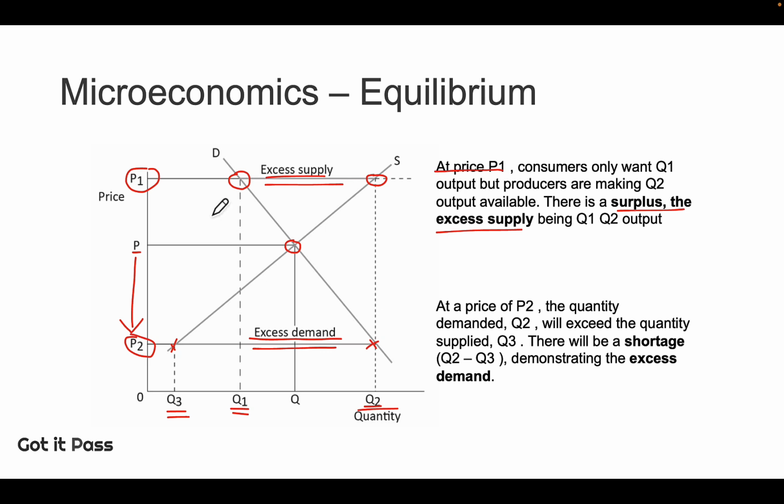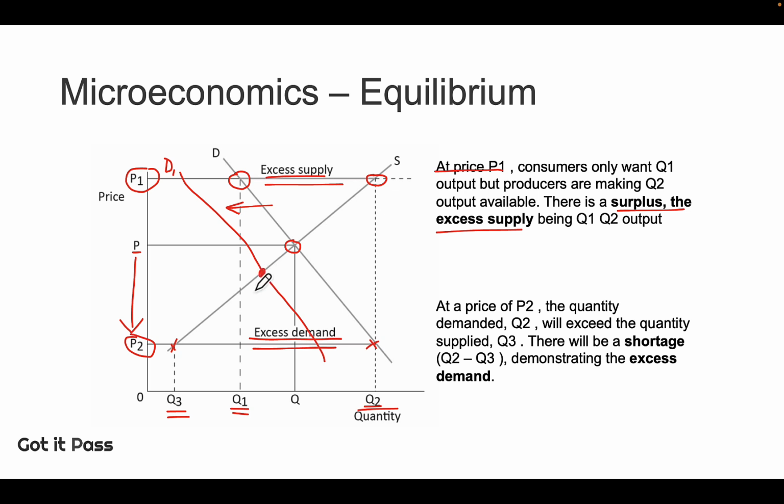For some reason, like a change in taste, the demand curve is now shifted from D to, say, this new line called D1. Then the new equilibrium price will be changed to here.